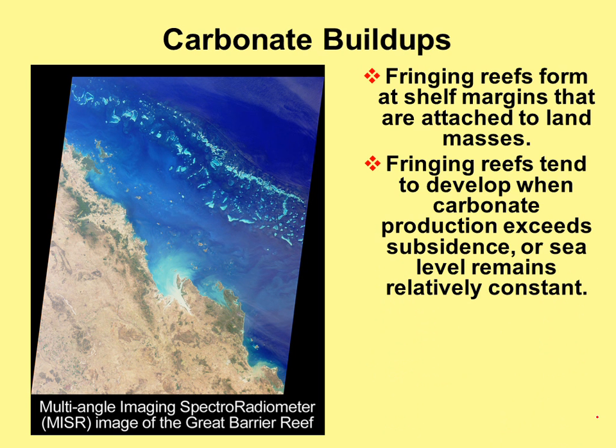One of the interesting aspects about carbonates is that because they're autochthonous, forming in the basin of deposition, if you have subsidence of the sea floor, the coral reefs, under most circumstances, can keep pace with the subsidence, maintaining a relatively constant sea level with respect to the reef itself. They tend to grow up into the surf zone.